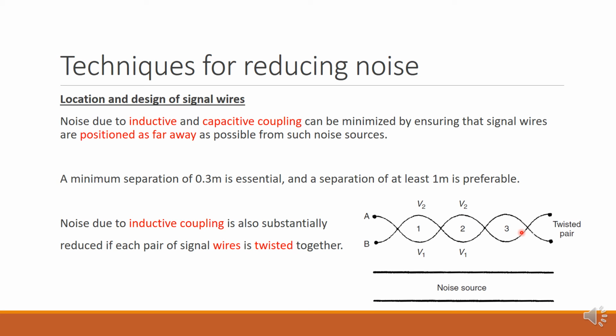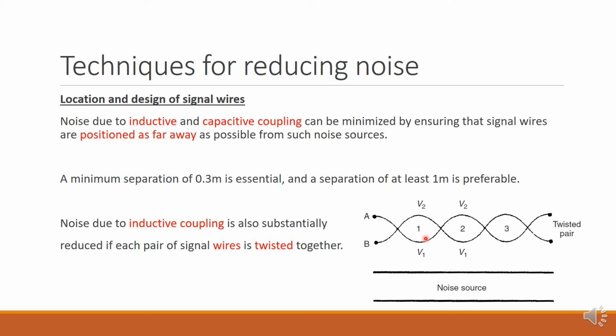Although the twisted wires are very near to each other, they will also pick up some coupling noise voltage. But in the first loop of the twisted pair, wire A will have V1 that is less than V2, and wire B will have V2 that is larger than V1.